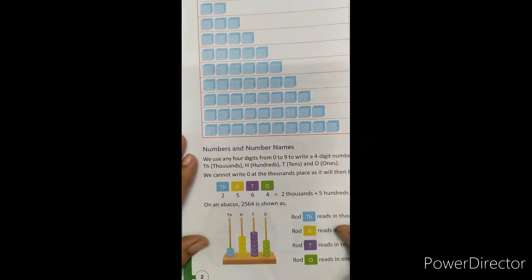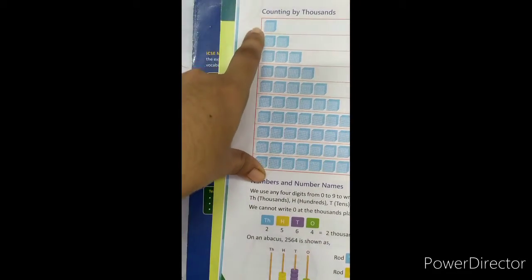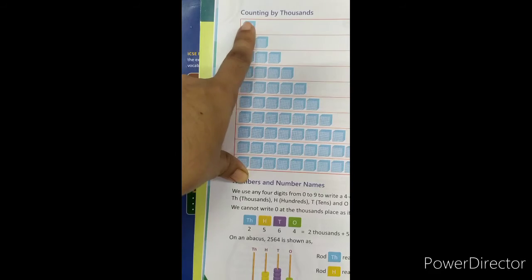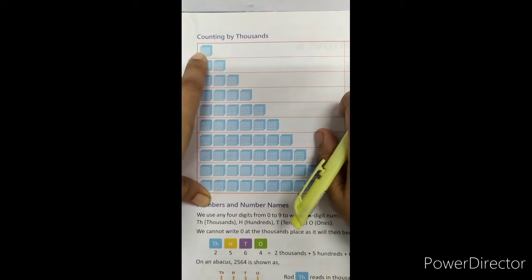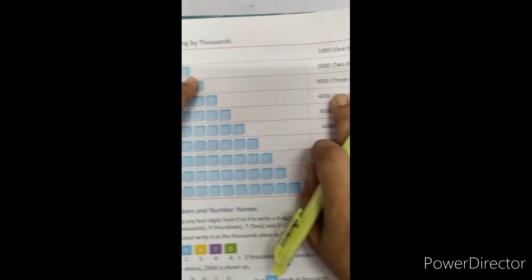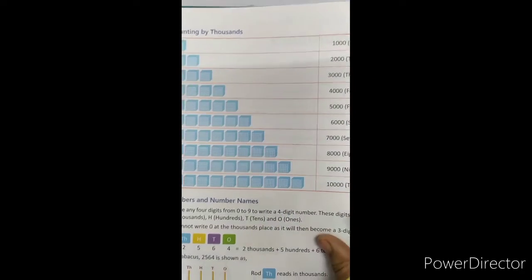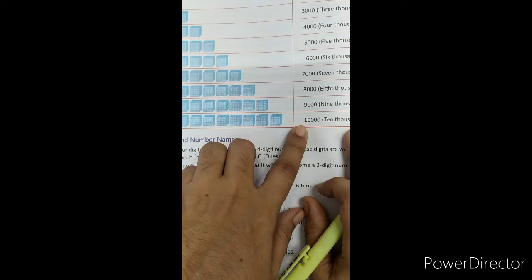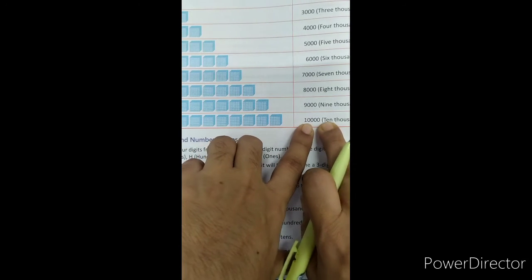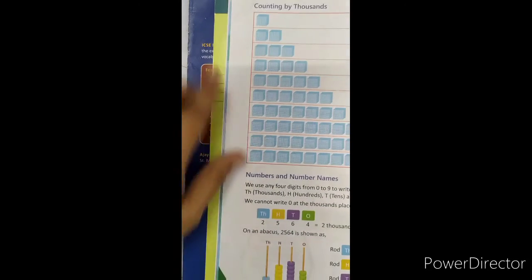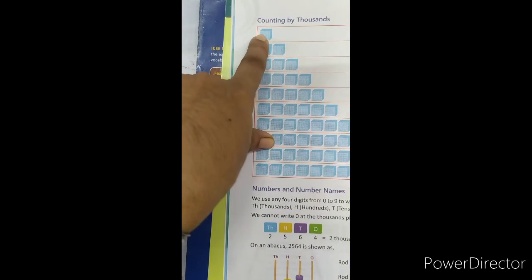Now you can see here that the blue color cubes represent 1000, isn't it? One blue color cube will give you 1000. Two blue color cubes will give you 2000. Likewise, if you go down, you will find that there are 10 blue cubes, isn't it? So this will represent 10,000. So whenever on these pages you see a blue color box, you will tell that this is 1000.